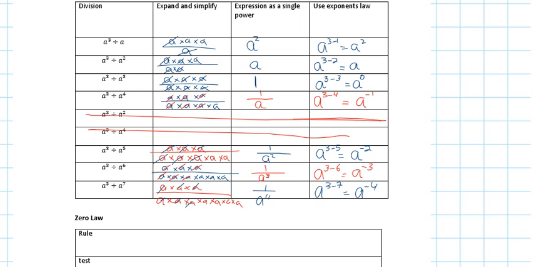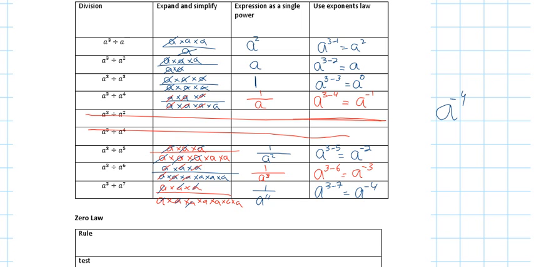So, here's the rule. If you have a negative exponent, then you are going to flip your base and you're going to make your exponent positive. So, let's look at this. A to the power of -4. What's the flip of a?